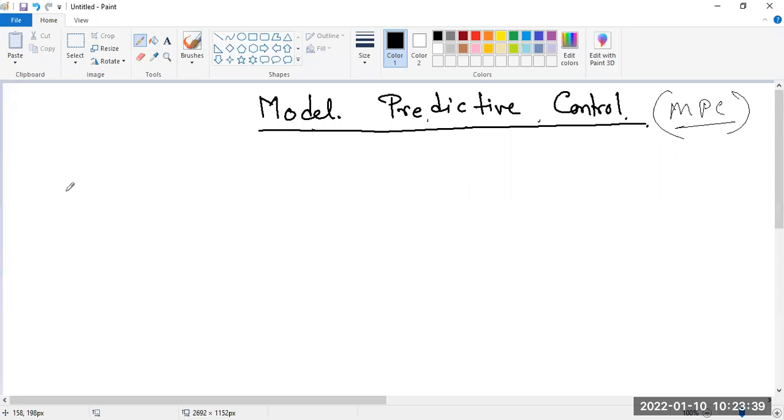Okay, so MPC, you can write down this. This is a very new model and the application is very advanced.